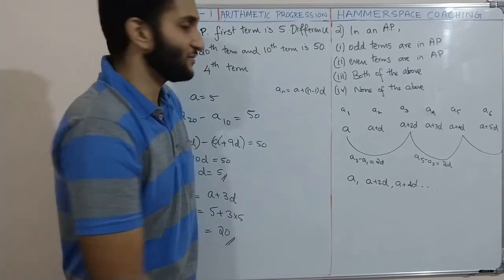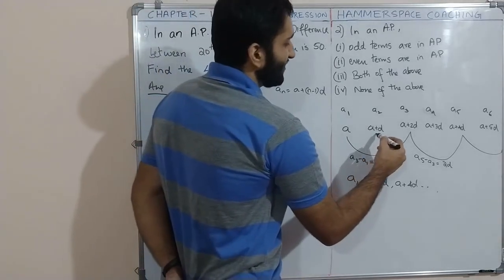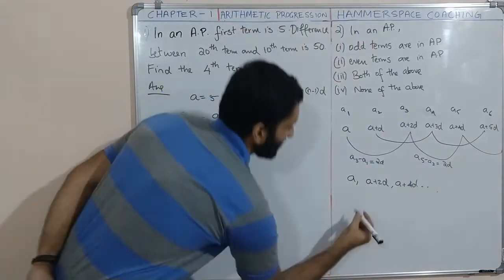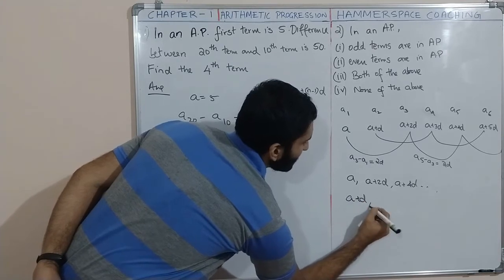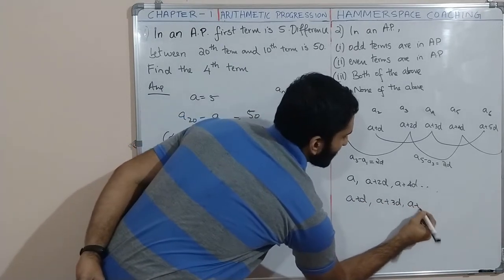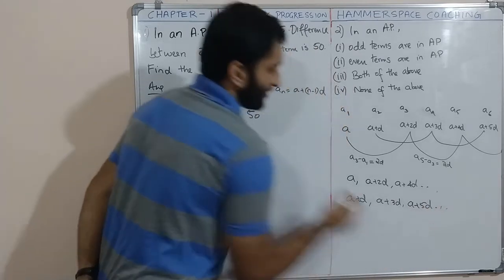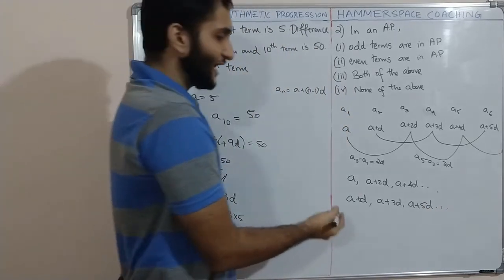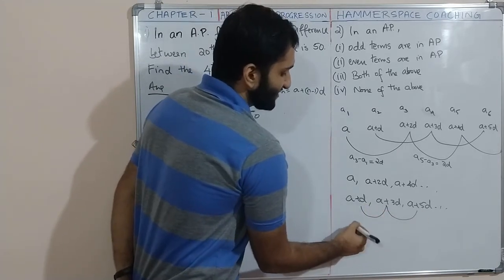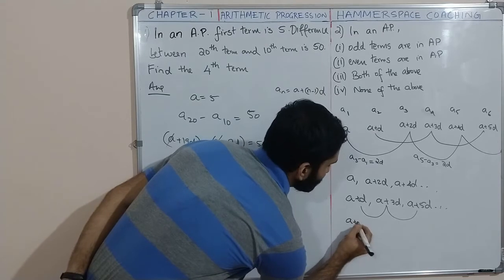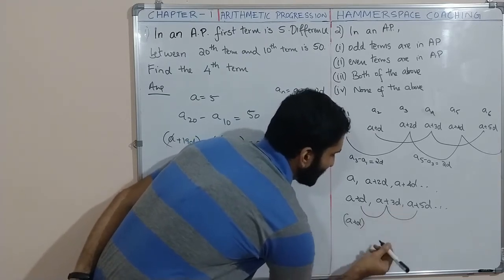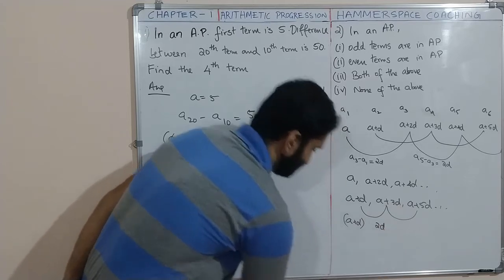Now let us take the even terms. The even terms are A plus D, A plus 3D, A plus 5D, and so on. If you observe, they are also in AP with first term A plus D and common difference, or fixed difference, A plus 3D minus (A plus D), that is 2D.